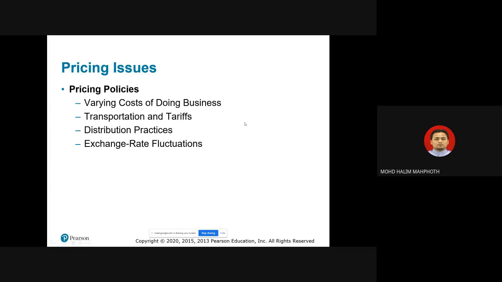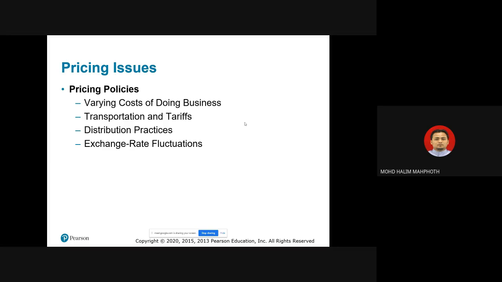And pricing policy: varying cost of doing business. When we go abroad, we have exchange rate risk, and it will affect the cost of our products.